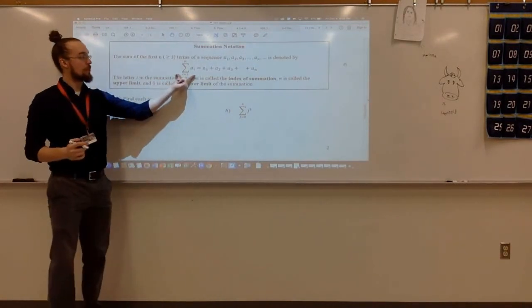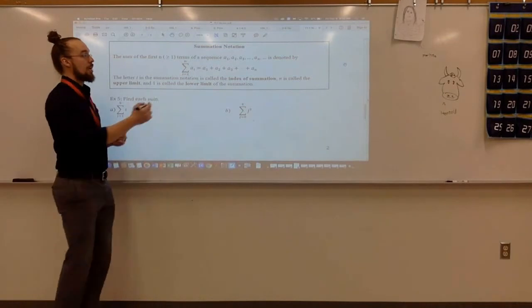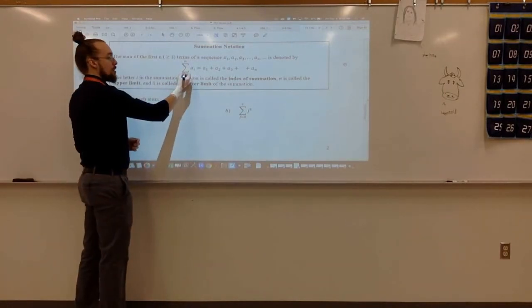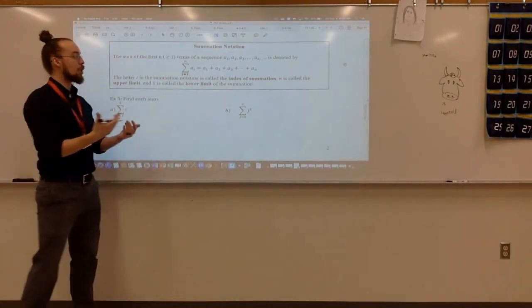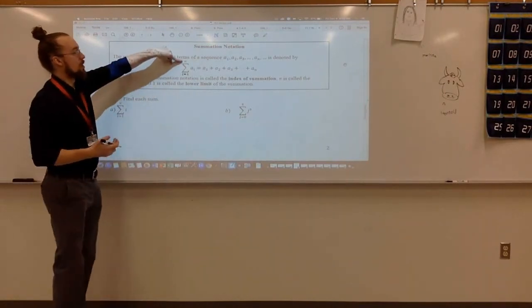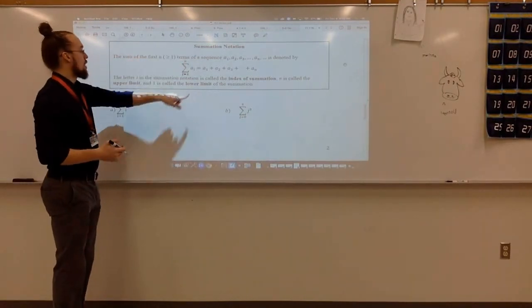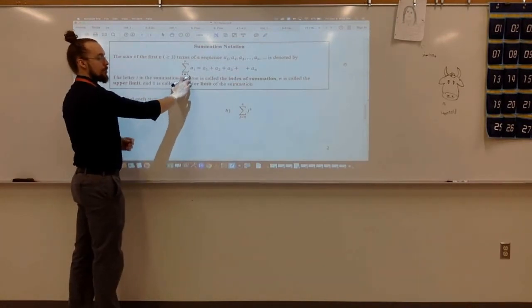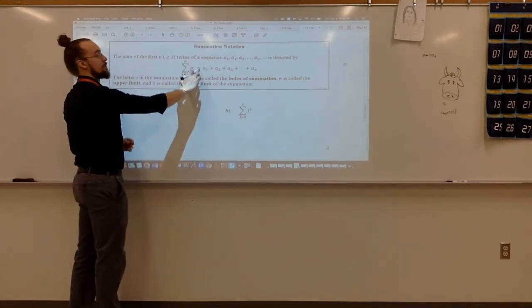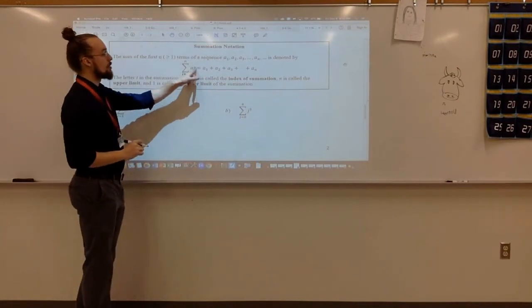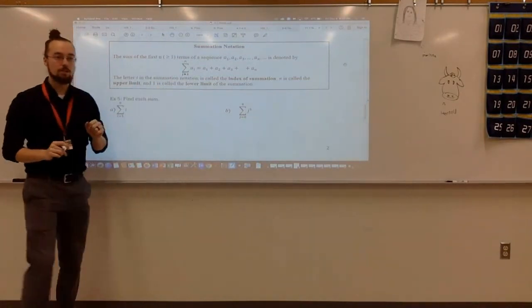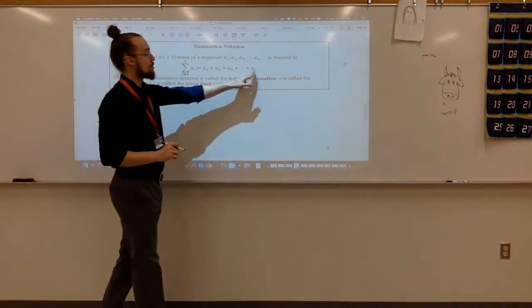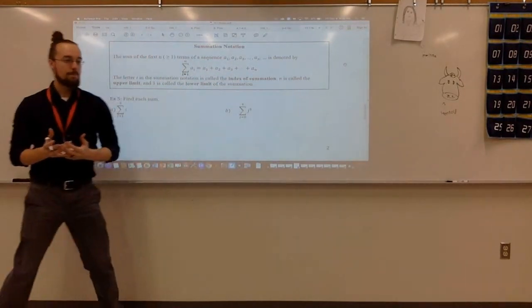Whenever we see something like this, the bottom value is called the lower limit. The value on top is called the upper limit. What we do is take each integer in between the lower limit and the upper limit and plug them into this rule right here to get a list of terms, and then I add them all up.